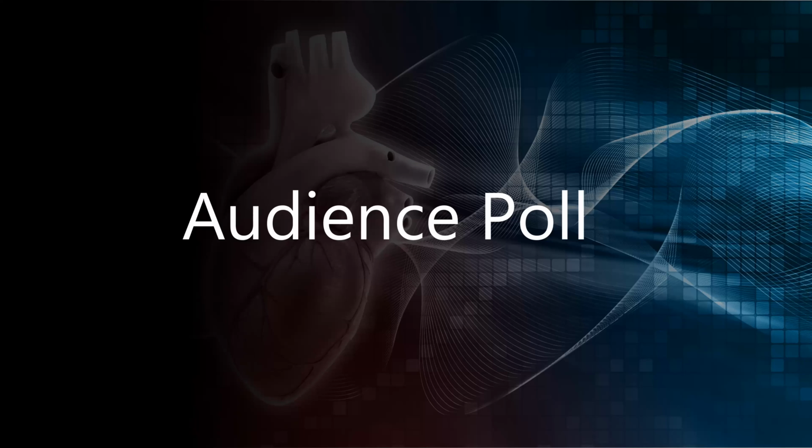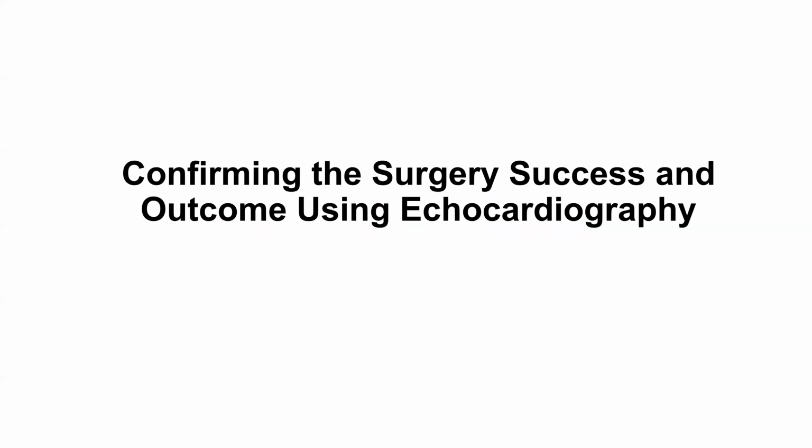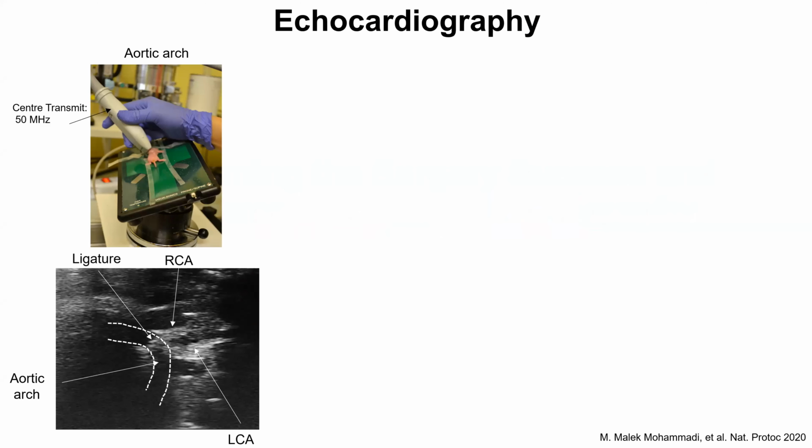Thank you, Sam. So you might need to see what has happened to your suture and also the constriction that you have made. So you need to visualize the aortic arch, and for this purpose you can use an ultrasound device.